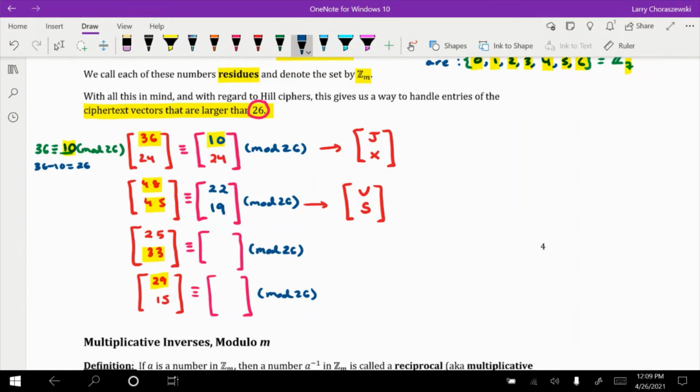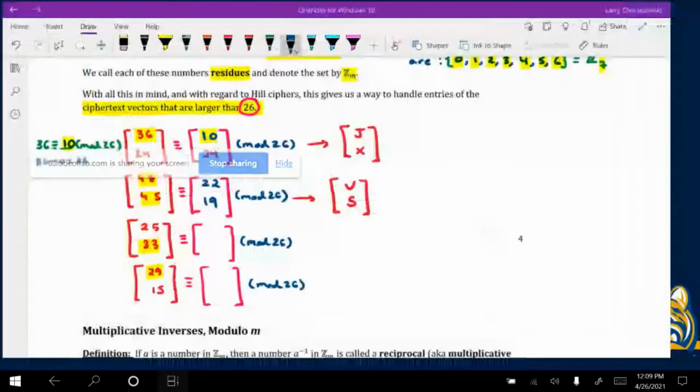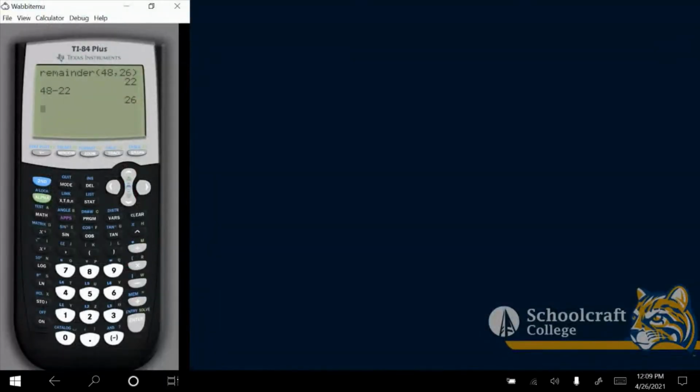Yep, I can do that. Okay, so you'll press math and go over to the number column, and we're going to go up to number 0. So far, so good.